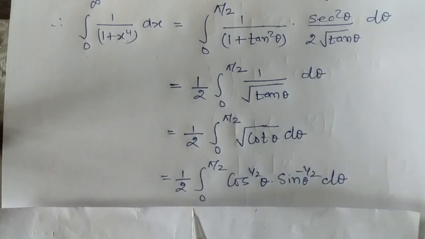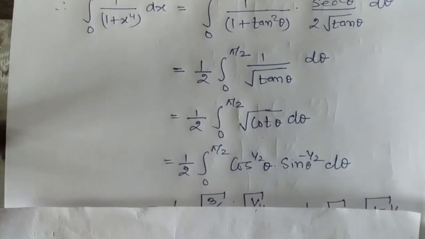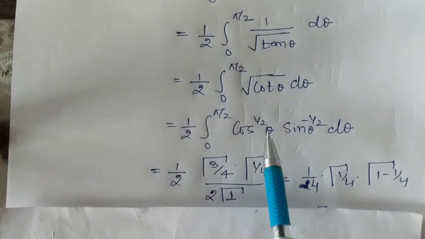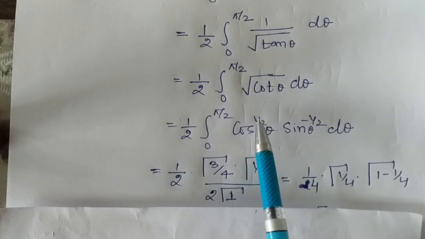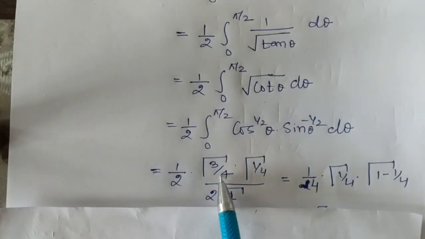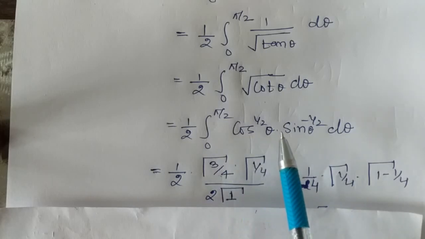So now the integral is in the form of the integral from 0 to pi by 2 of cos m theta sin n theta d theta, which becomes, using the relation, 1 by 2 gamma of (m plus 1) by 2. So m plus 1 is half plus 1, which is 3 by 2, by 2 is 3 by 4, into gamma of (n plus 1) by 2.